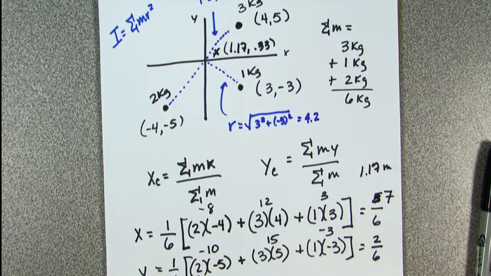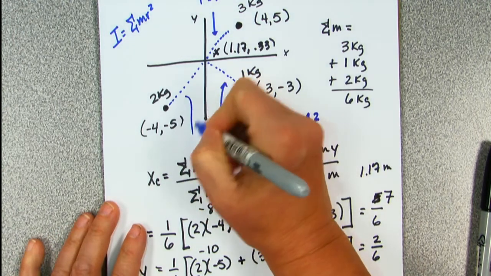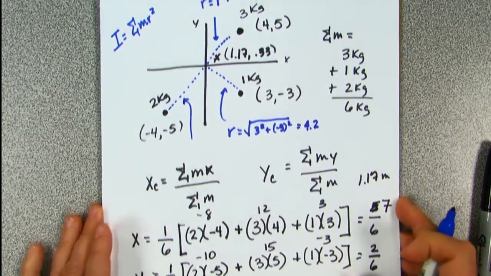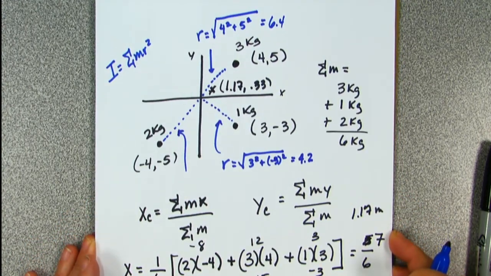Let me double check it. For some reason that just doesn't seem right, but it could be just me today. Yep, 4.2. Can you raise it up? Okay, just a second. Like that.